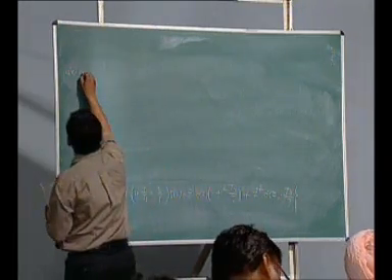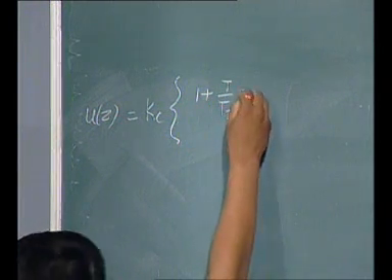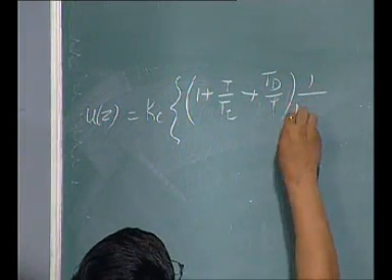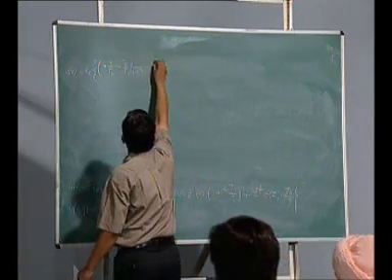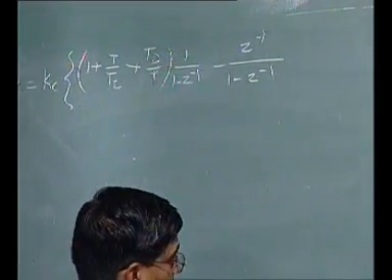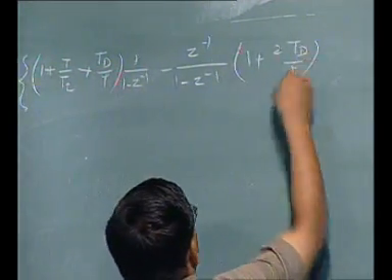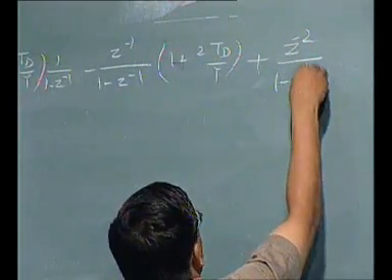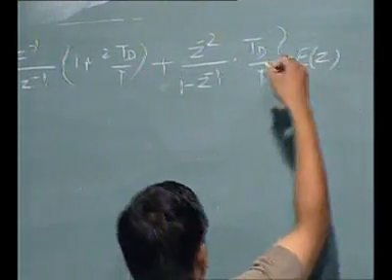So I am writing here Kc times [1 plus T upon Ti plus Td over T] into 1 upon 1 minus Z inverse, then minus Z inverse upon 1 minus Z inverse times [1 plus 2 Td over T], plus Z to the power minus 2 upon 1 minus Z inverse into Td over T, and Ez.